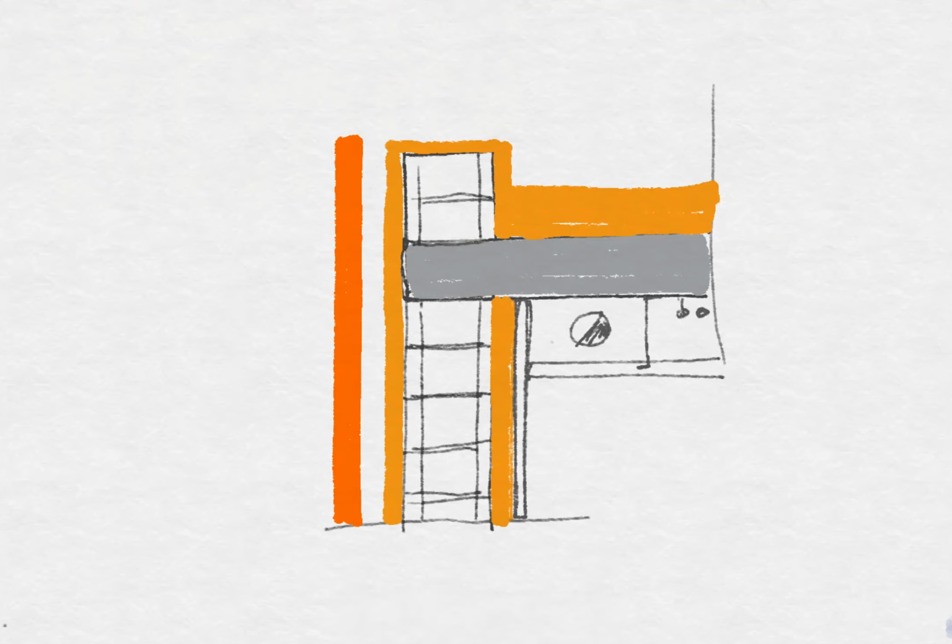So this is air, this is the false ceiling. This is the brick wall. This is the air gap. This is the thermal insulation. So we can always make this hatch for the thermal insulation.